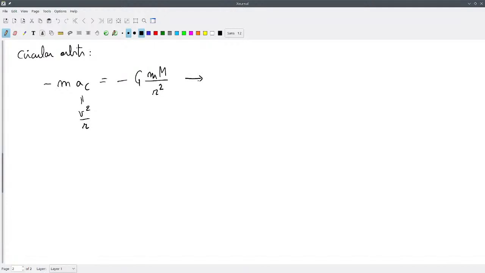If I drop the factors of m and the minus signs, then v squared over r will have to be equal to G M over r squared. And this is the orbital velocity of the satellite. There's another factor of r that drops out, a square root gets introduced, and we get the square root of GM over r.